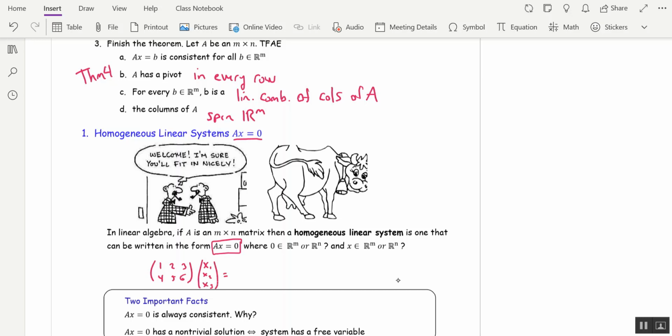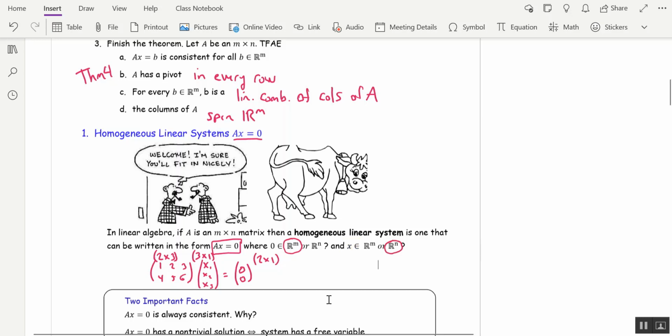If this matrix here is 2 by 3, this vector is 3 by 1, and so when we multiply, we'll end up with a 2 by 1. So the 0 here refers to a vector in Rm. M is 2 in this example, and the X refers to a vector in Rn, N is 3 in this example.